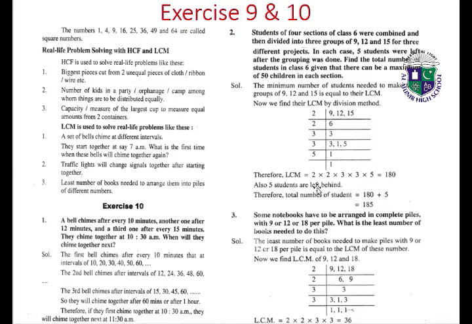Therefore, LCM is 2 multiplied by 2 multiplied by 3 multiplied by 3 multiplied by 5. 2 twos are 4, 4 threes are 12, 12 threes are 36, 36 fives are 180. Also 5 students are left behind. Therefore, total number of students is 180 plus 5, which is 185.